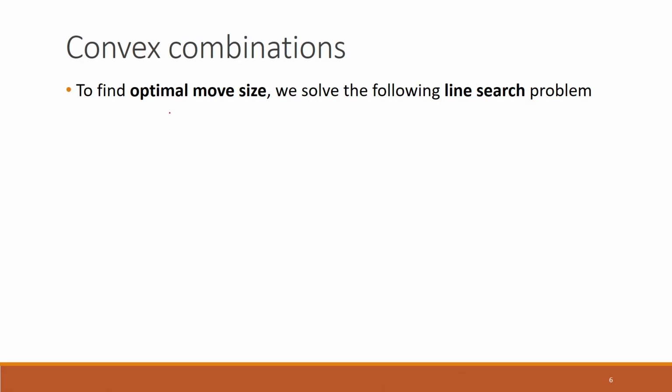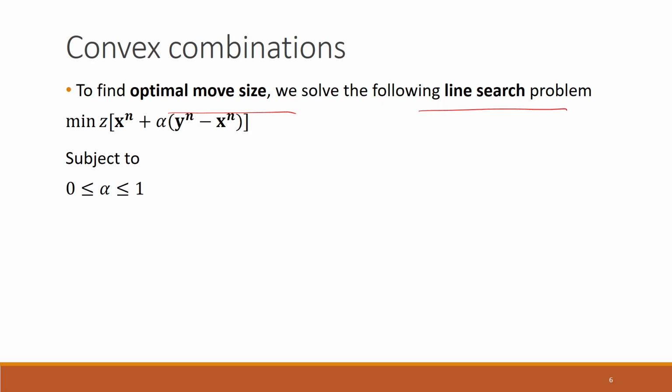So, to find the optimal move size, we solve the following line search problem. We want to minimize this function z here, subject to alpha varying from 0 to 1. Here we want to find that x between xn and yn where the objective function value is the least.